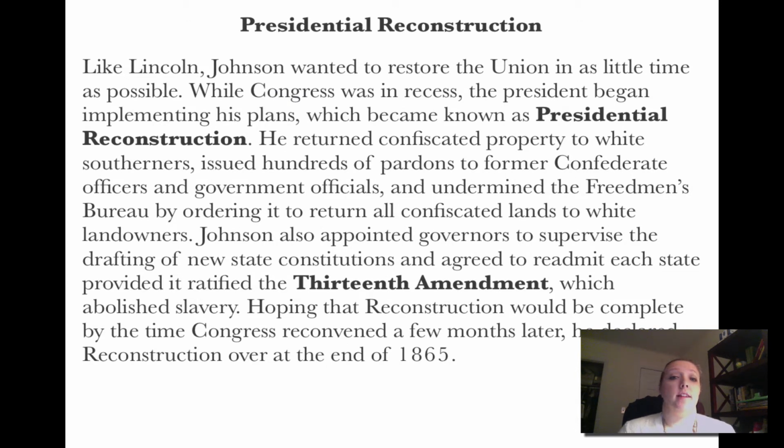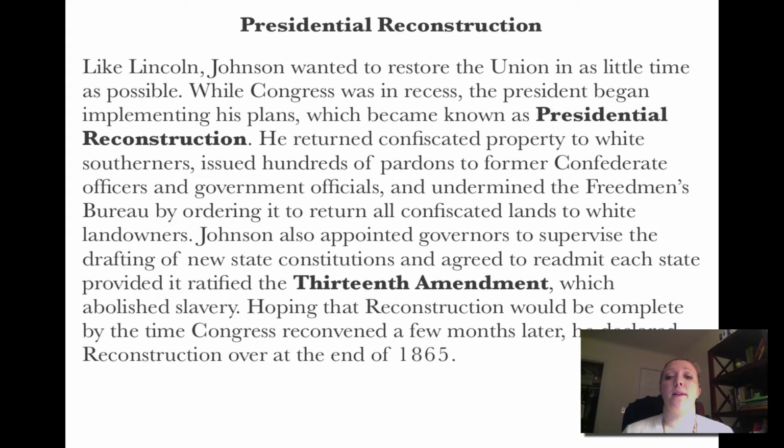Like Lincoln, Johnson wanted to restore the Union in as little time as possible, and when Congress was in recess, the president began implementing his plans, which became known as presidential Reconstruction. He returned confiscated property to white Southerners, issued hundreds of pardons to former Confederate officers and government officials, and undermined the Freedmen's Bureau by ordering it to return all confiscated lands to white landowners.